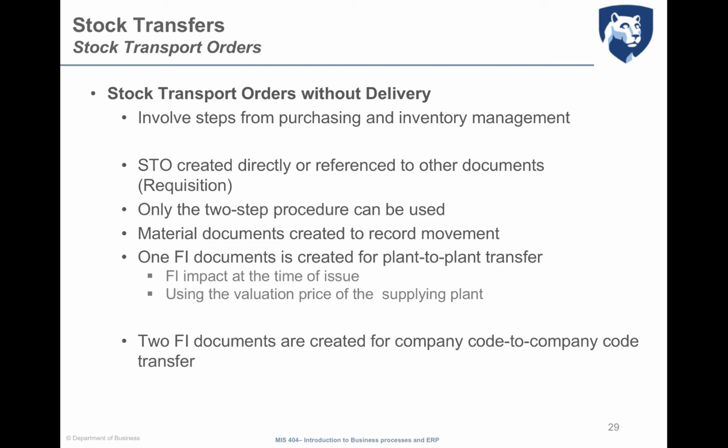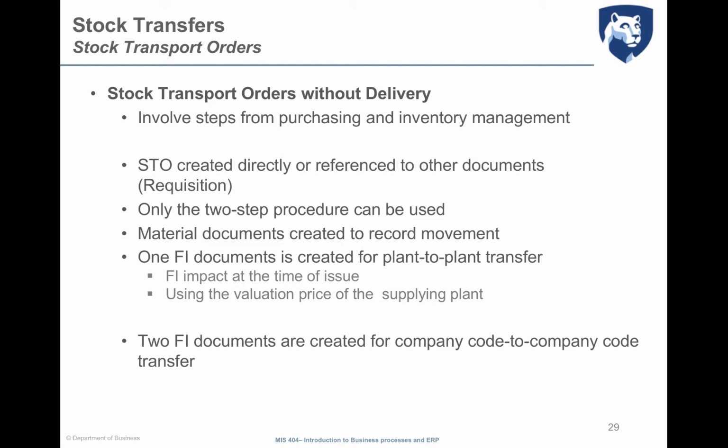So essentially, a stock transport order without delivery involves steps essentially from purchasing and inventory management. So in this case, the stock transport order is created directly, or linked to other documents like the requisition, and in this case only a two-step procedure is used because we need to separate the goods issue and then the goods receipt in the plant.